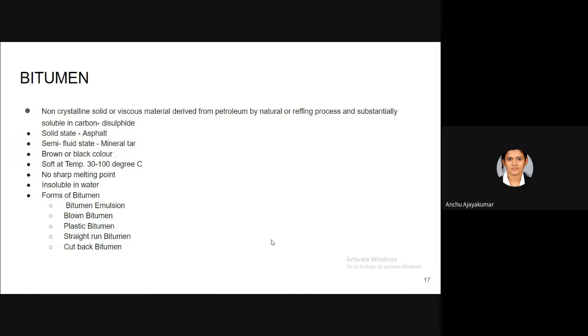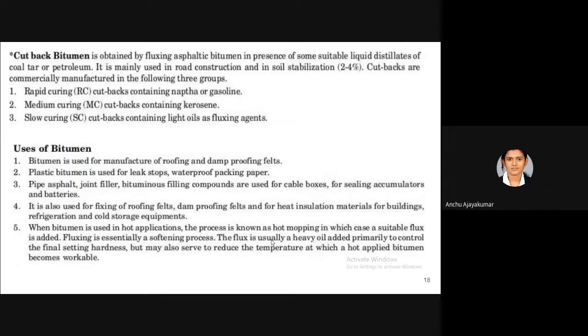There are different forms of bitumen, like bitumen emulsion, blown bitumen, plastic bitumen, cutback bitumen, and straight run bitumen. Among these, we can expect a question from cutback bitumen. Cutback bitumen is obtained by fluxing asphaltic bitumen with some suitable liquid distillates of coal tar or petroleum.